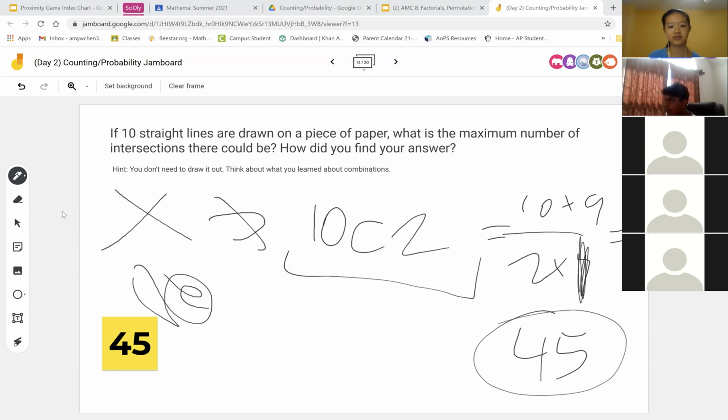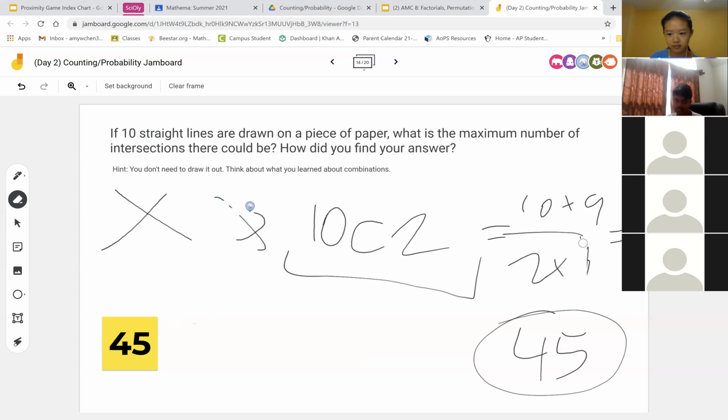So in order to have the maximum number of intersections, we need all possible pairs of two lines to intersect with each other. If we chose any two random lines, they would have to intersect to produce the maximum number of intersections. Therefore, we do 10 choose 2.